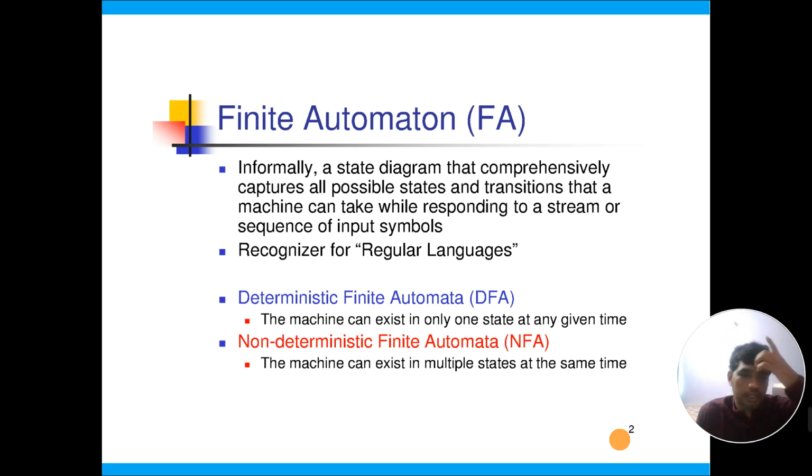That's why DFA is a subset of NFA. You can say a DFA is also an NFA, but not vice versa. That means an NFA can be in multiple states at the same time.